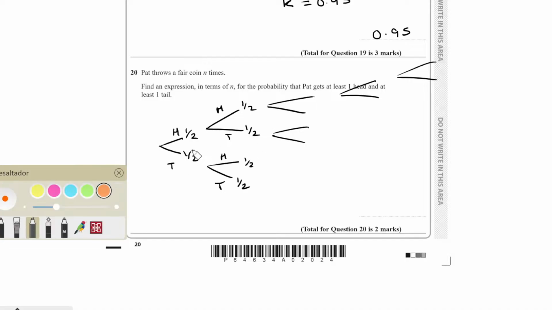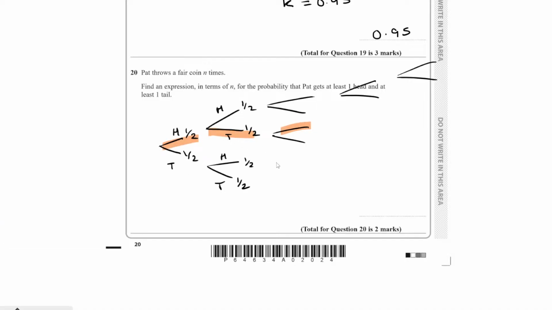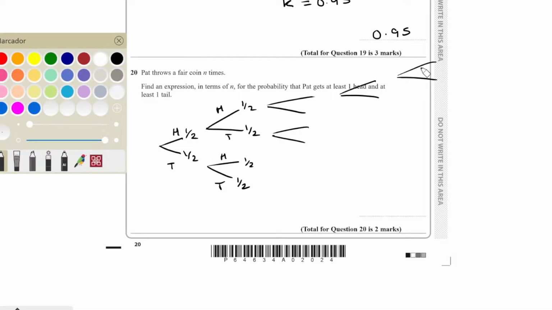So they want at least one head and at least one tail. Well, the problem with that is that it could be almost any combination. We obviously can't account for all of those combinations because we don't know how many times they're throwing the coin. The only thing that we can account for is, if they get at least one head and at least one tail, there are only 2 branches that you can't follow.